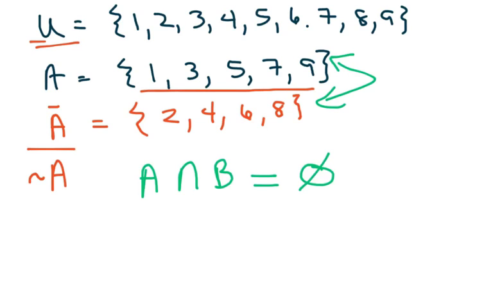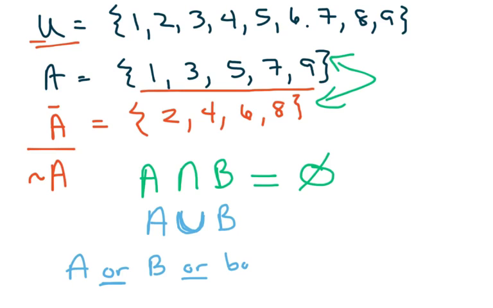The union of the set, and it looks like, I call this the U. It means the set consisting of elements that belong to either A or B or both. So A or is the key word, or B or both.